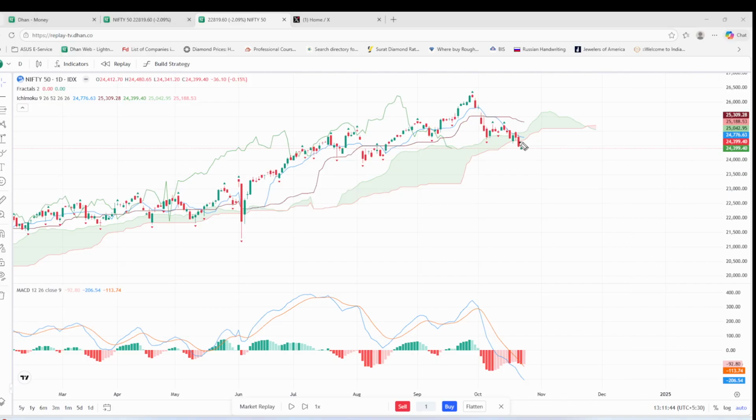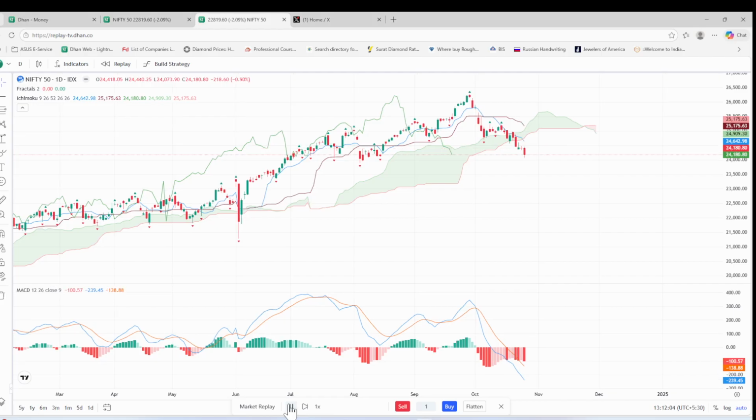When the price came below here, you can also notice the future cloud is bearish now. So any pullback will usually be up to this green. See how the future cloud also helps you to understand support and resistance, or something you believe in.